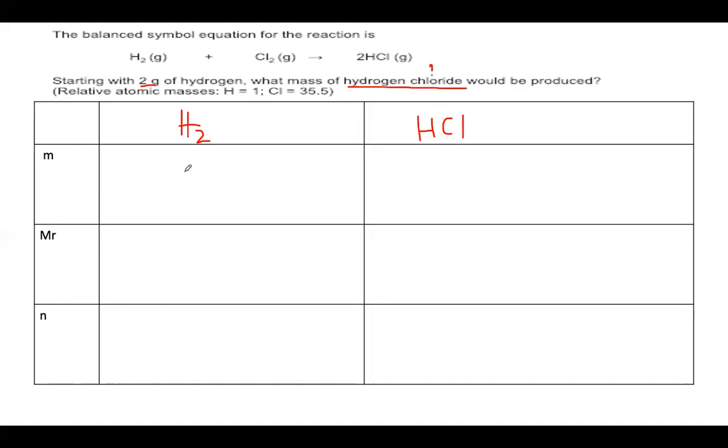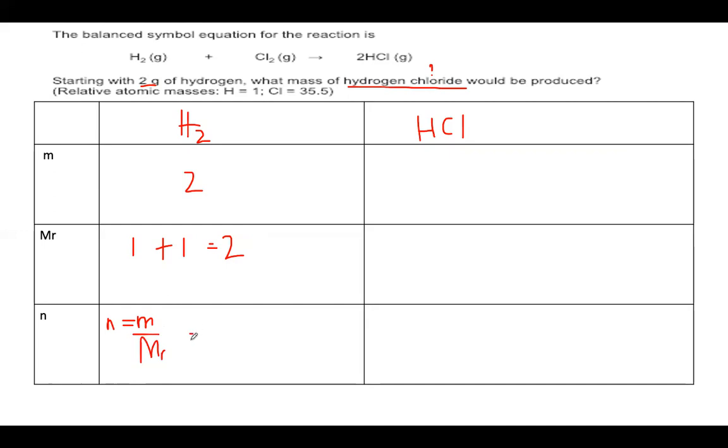So we know the mass is 2 grams for hydrogen. The MR, we've got 2 lots of hydrogen, so it is 1 plus 1. So that is 2. Remember, you include the little numbers, but not any big numbers out the front. Then moles is equal to M over MR, mass over relative formula mass.